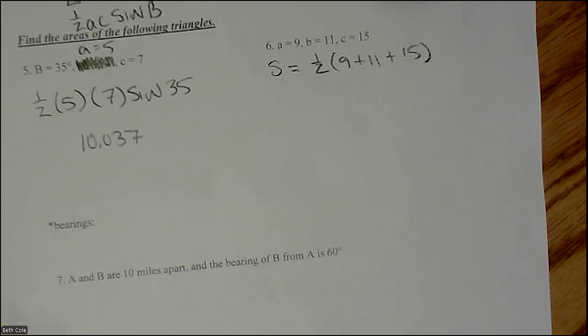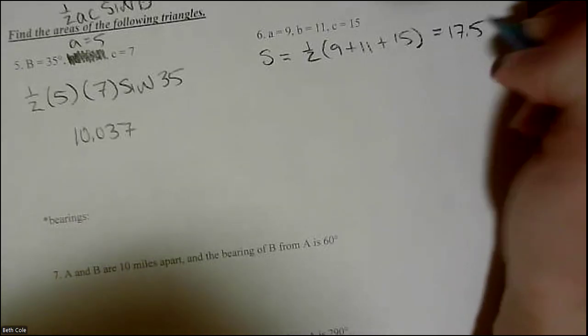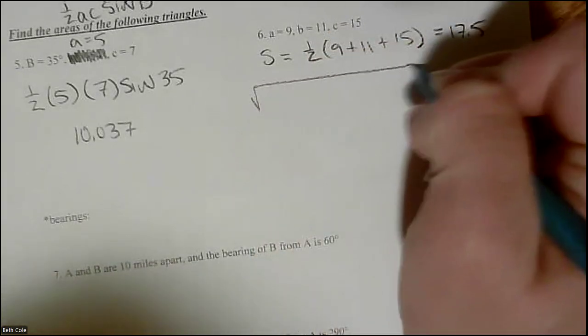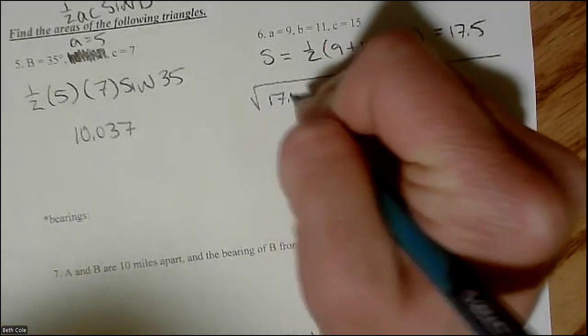Let me just type that in. So 17.5. And then to get the area, you do this gigantic square root, and underneath of that, you put that 17.5.